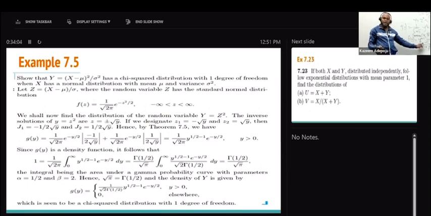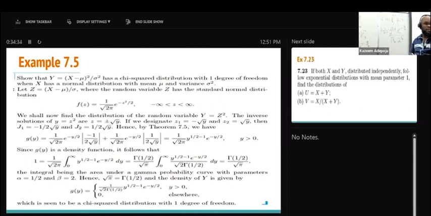From gamma, if we let alpha be v over 2 and beta equal to 2, I'm going to have a new distribution, y raised to the power v over 2 minus 1, exponential raised to the power y over 2, divided by gamma v over 2 times 2 raised to the power v over 2. What do we call this? This is a chi-square with v degrees of freedom.